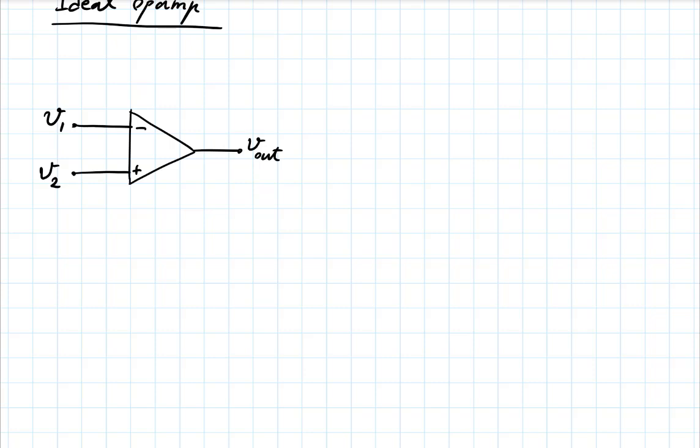Now the op-amp is a complex device, and to describe a real op-amp exactly, there are a number of parameters. But one of the great things about op-amps is that they have a very, very high gain.